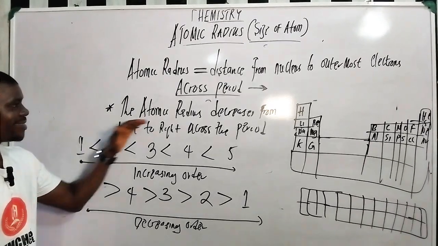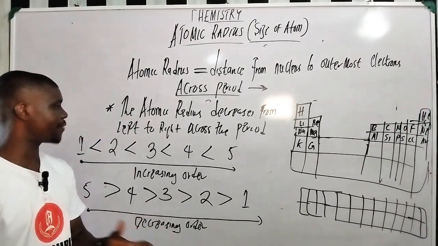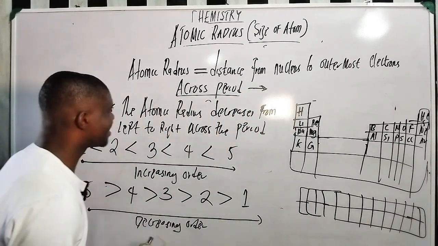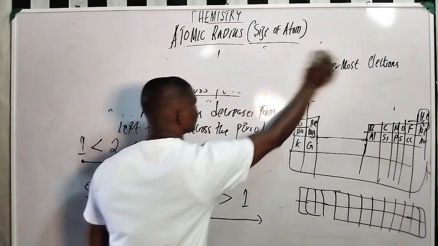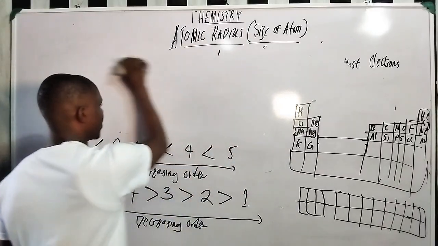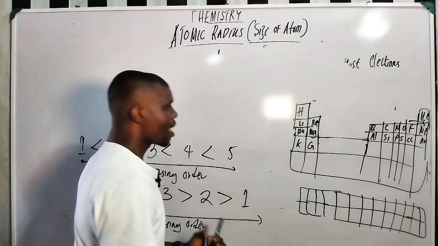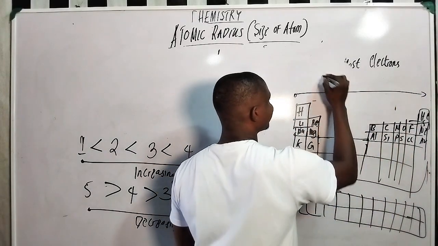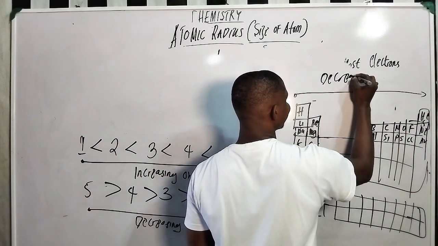So remember, the atomic radius decreases from left to right across the period. Now let's arrange this in increasing and decreasing order. Understand that as you move from left to right, the size decreases.